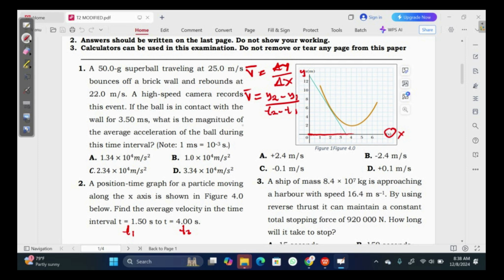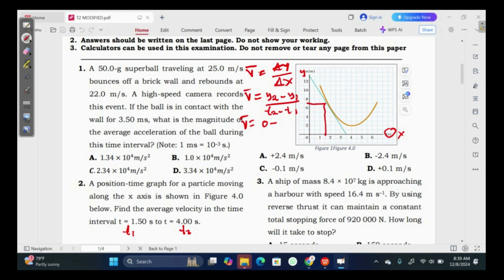Meaning that for my average velocity, the y2 is 0 minus. Okay? Again, I have to go to t1. t1 is 1.5. 1.5 is here. If I come here, I'll find that my 1.5 is in between here, not so, so I'll go straight until this point. So if I go here, then I come here.